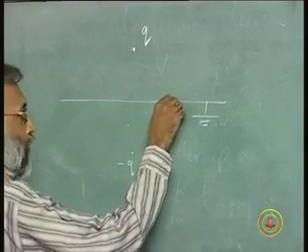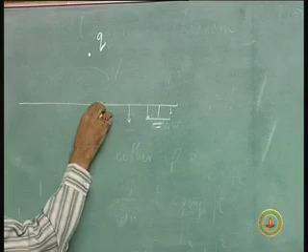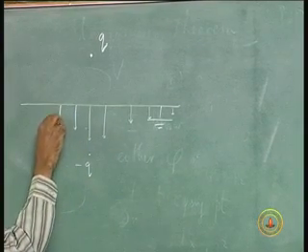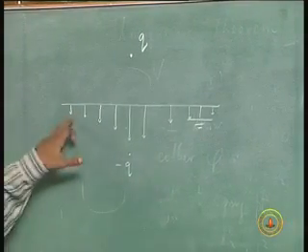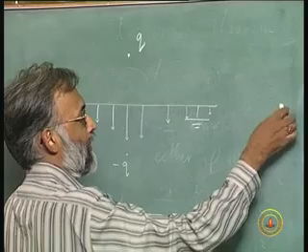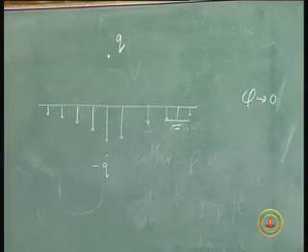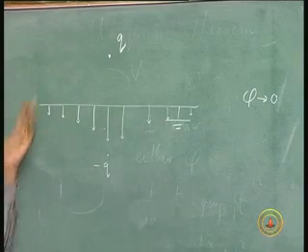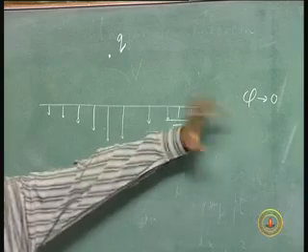Now, at every point on this ground plane, the electric field is in the z direction. This is the electric field. Now, far away, the potential goes to 0. That is because if you have point charges, our derivation from Coulomb's law tells us potential far away is 0.